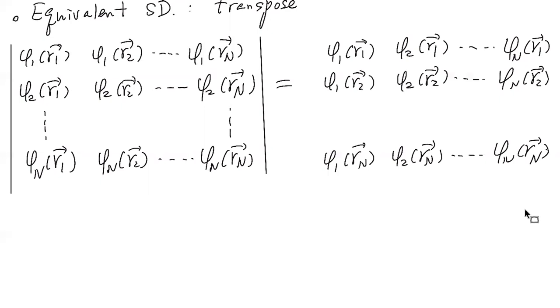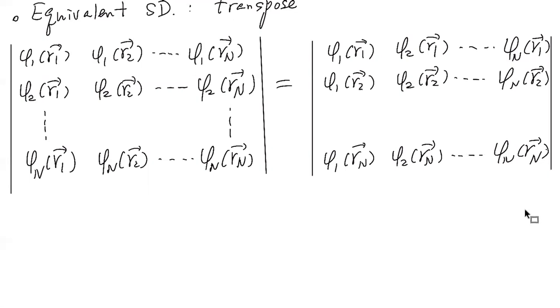Right? So for each row, you have phi 1, phi 2 to phi n. For the first row, the variable is R1. For the second row, the variable is R2. For the nth row, the variable is Rn. And these two determinants are exactly the same. So when you write down the Slater determinant, you can write down the left-hand side determinant, or you can write down the right-hand side determinant.